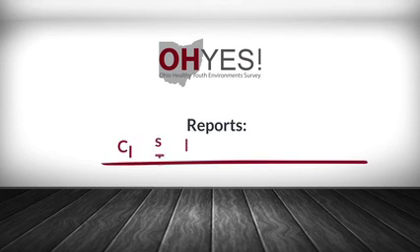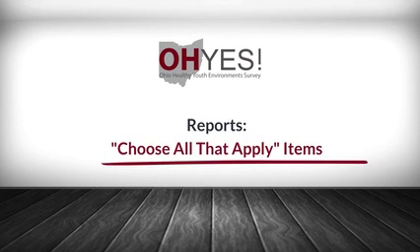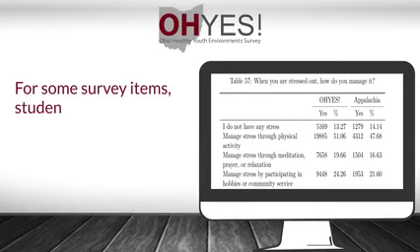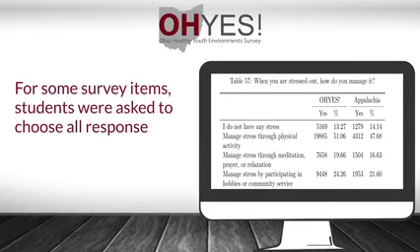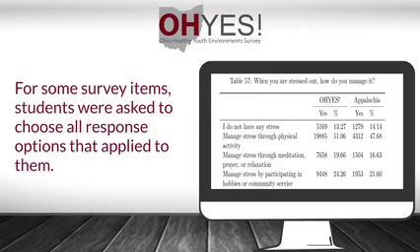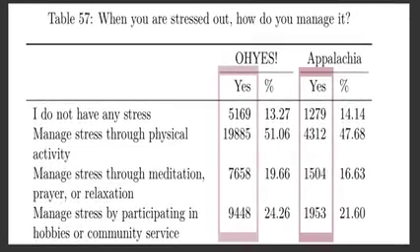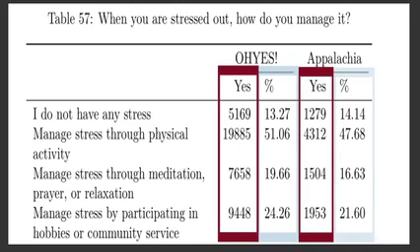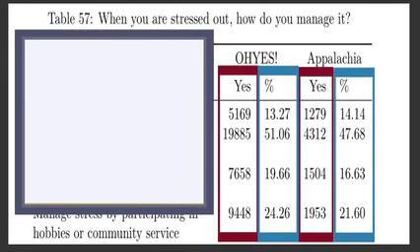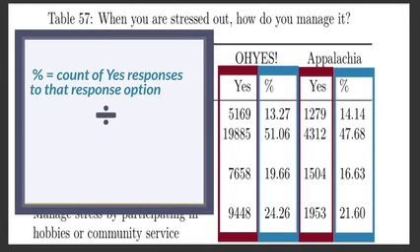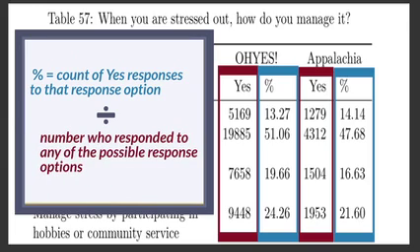Reports. Choose all that apply items. For some survey items, students were asked to choose all response options that apply to them. These tables present the count of individuals selecting yes or checking the item and the percentage of individuals selecting yes, count of yes responses, divided by the total number of respondents for each possible response.